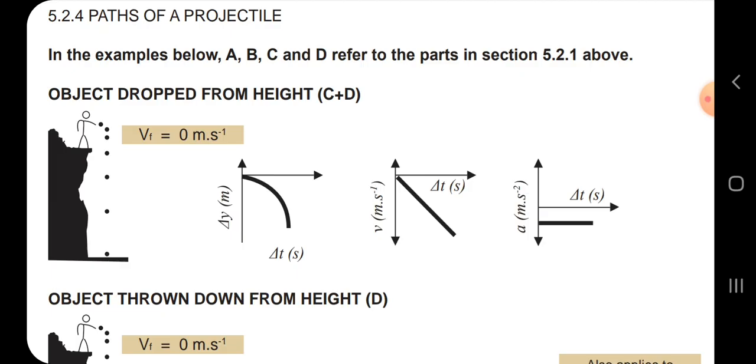So, objects dropped from height. If you're dropping an object from height, number one is the position versus time graph. This is how it will look. And then the velocity versus time graph. If anything is dropped from a height, this is how it will look. And the acceleration versus time graph, this is how it will look. That's number three.